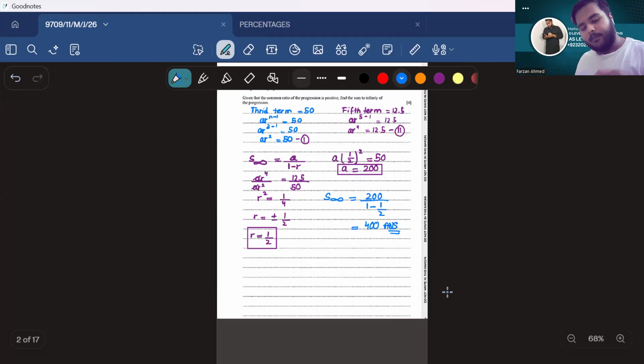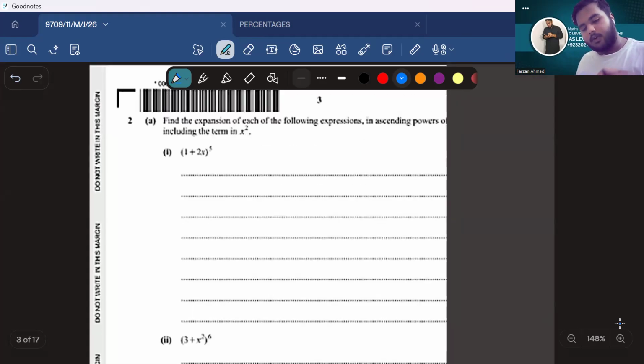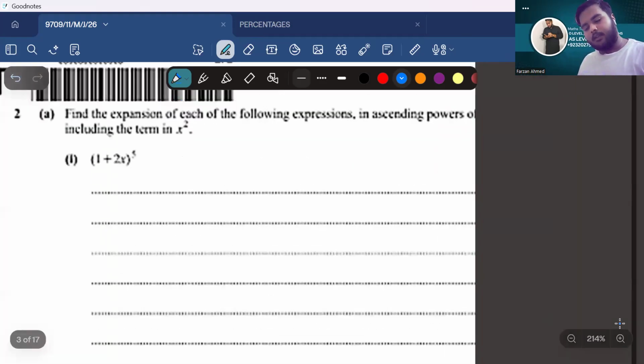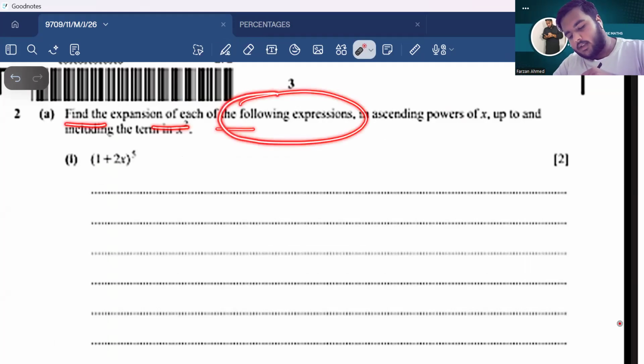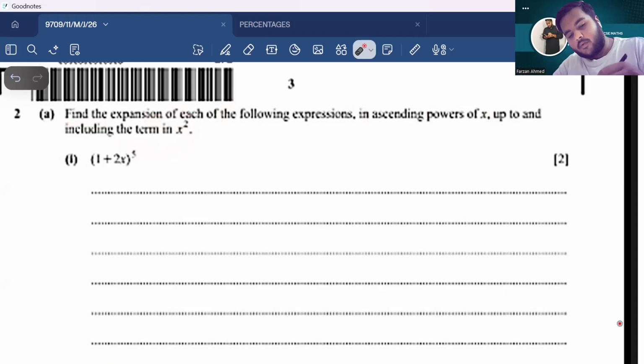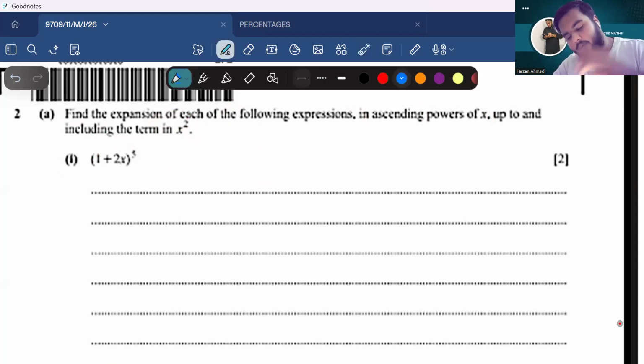Now, moving to question number 2. In question number 2, they are saying find the expansion of each of the following expressions in ascending powers of x up to and including the x square term. So first we do this one, which is (1 plus 2x) to the power 5. We will use the nCr formula.